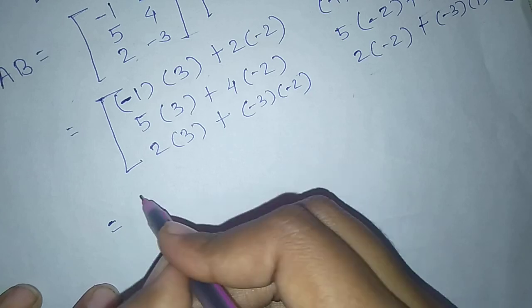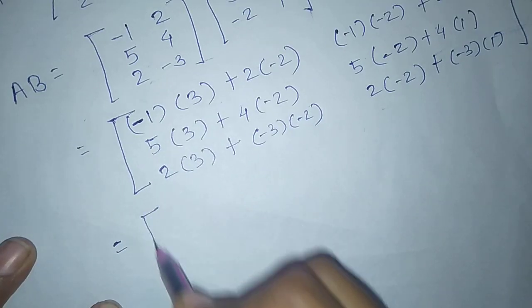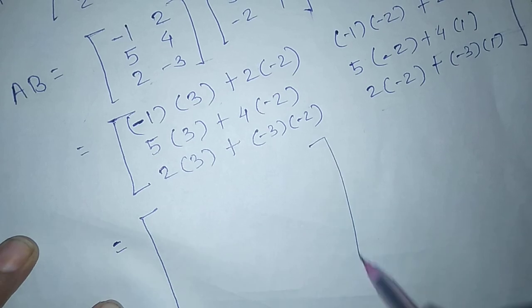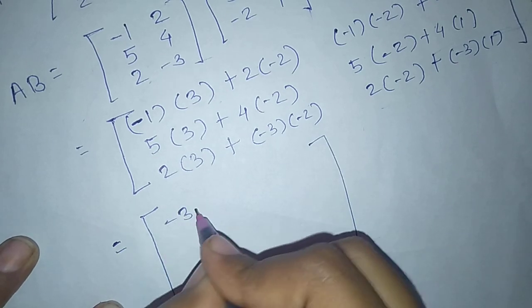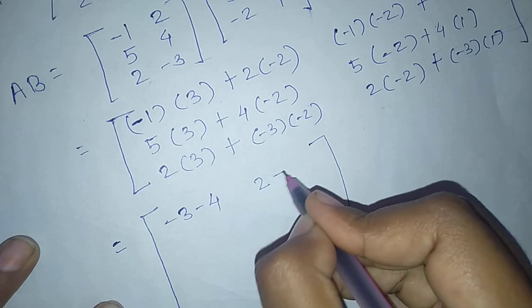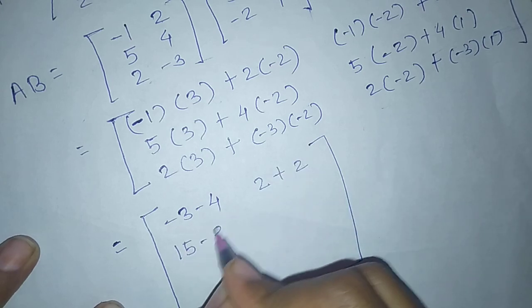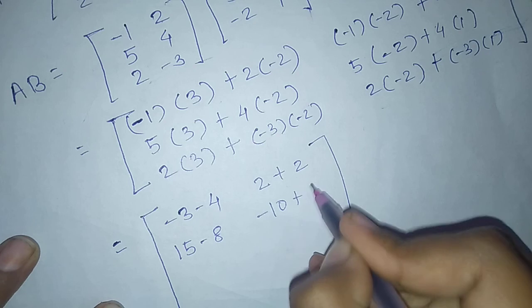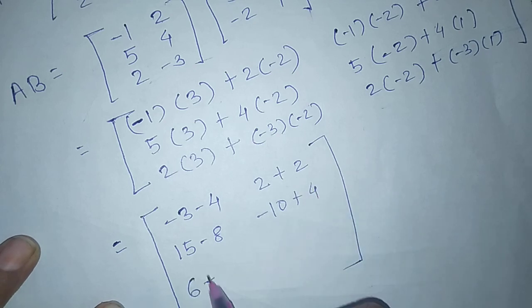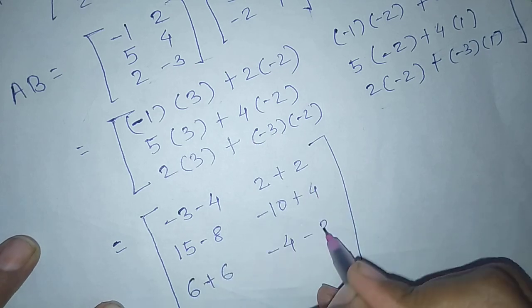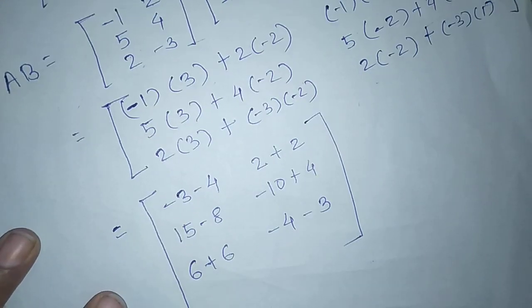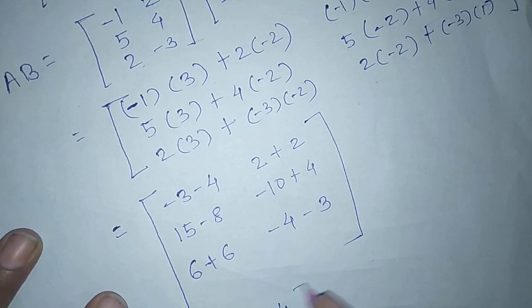Which is equal to, now arrange the terms: minus 3 minus 4, 2 plus 2, 15 minus 8, minus 10 plus 4, 6 plus 6, minus 4 minus 3, which is equal to the matrix with rows minus 7, 4; 7, minus 6; 12, minus 7.